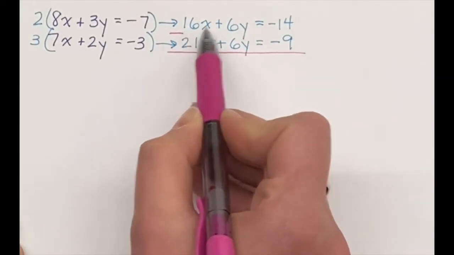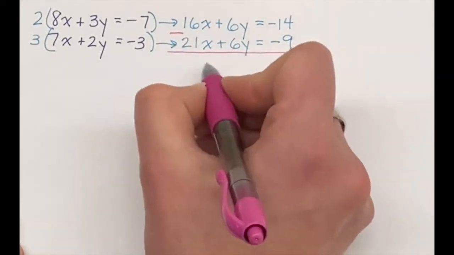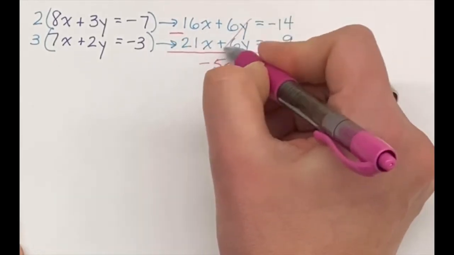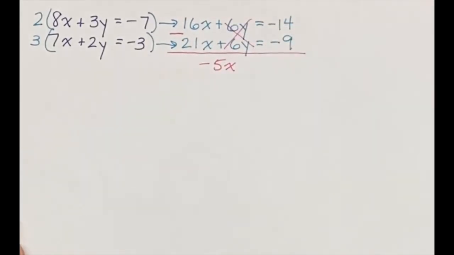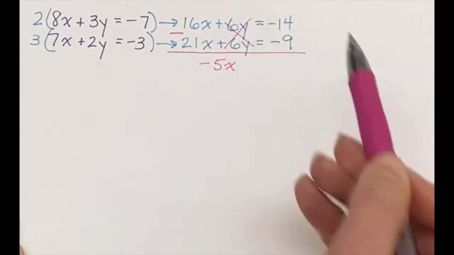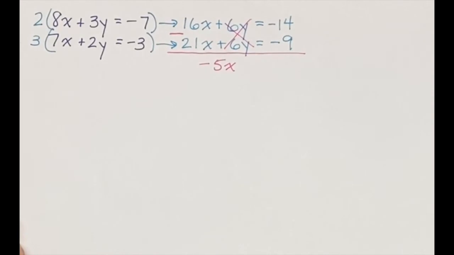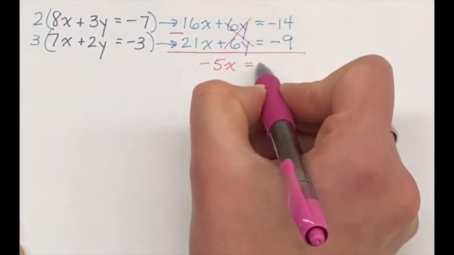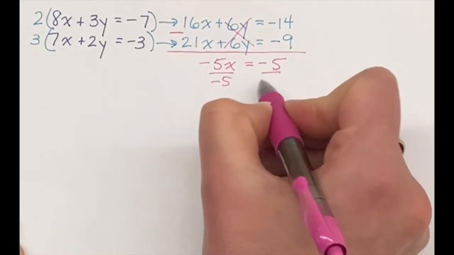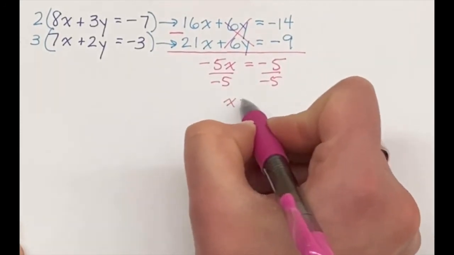So I am going to do 16x minus 21x, which is negative 5x. 6 minus 6 is 0. That was our goal. Negative 14 minus a negative 9, that's the same thing as saying negative 14 plus 9, so that equals a negative 5. Divide both sides by negative 5, and you get x is equal to 1.